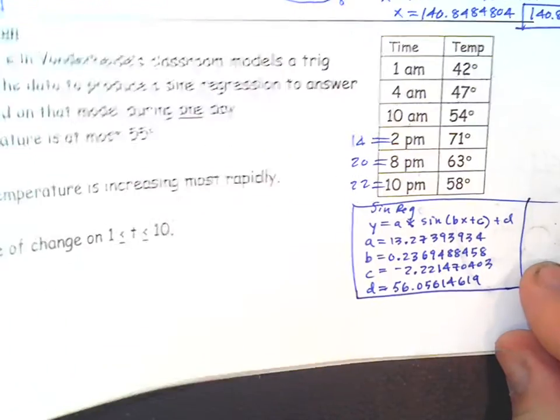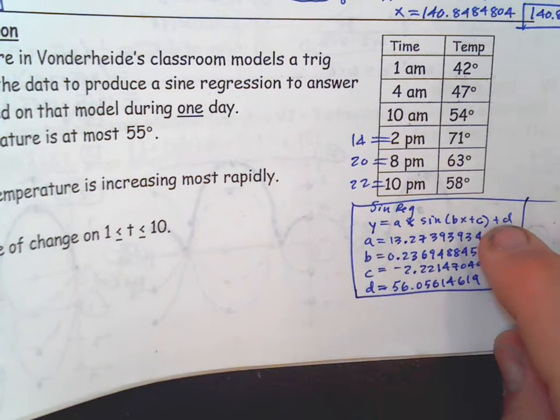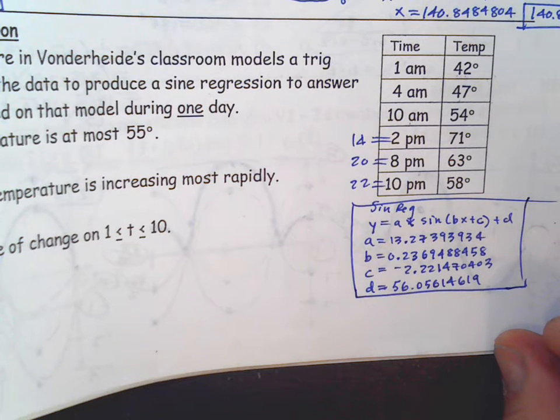So that needs to be on there. Otherwise, I'm just taking off points. All right, so that's what you should get. Like I said, if you have like a TI-Nspire, these numbers are going to be a tiny bit off, and you're going to get answers that are really close to mine.